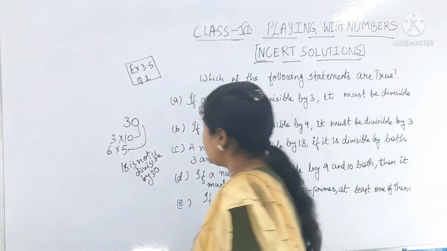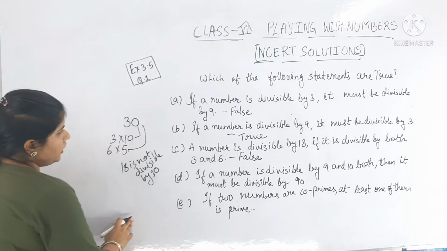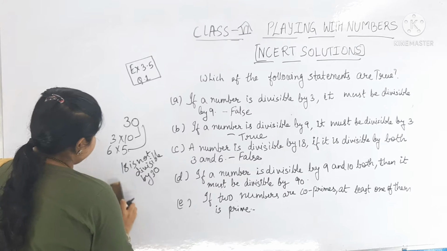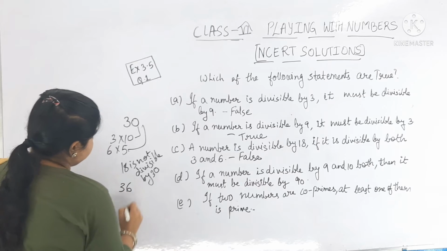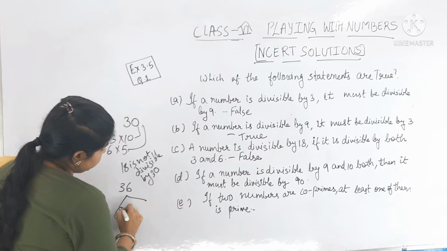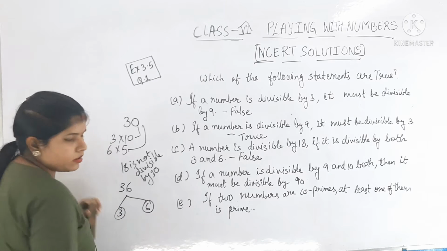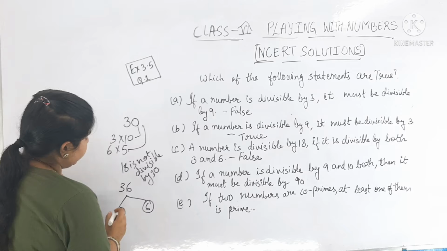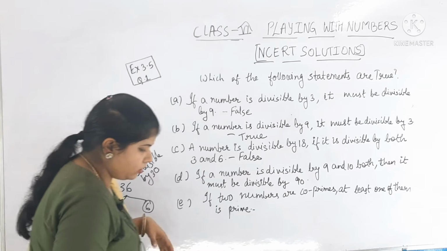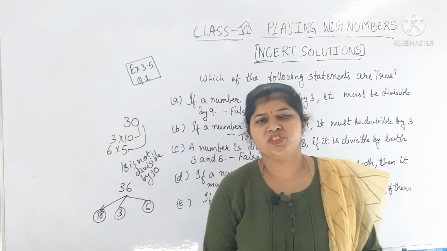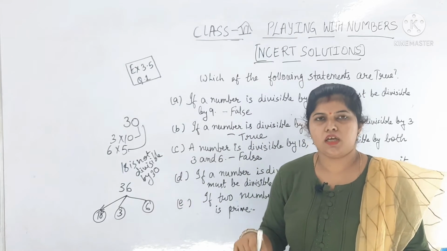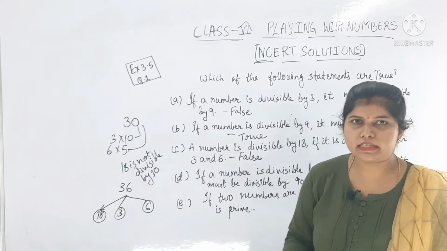You can take another example, the number 36. 36 is divisible by both 3 and 6 and also by 18. The numbers which are multiples of 18, like 36, 54, this is the table of 18, can be divisible by 3 and 6.